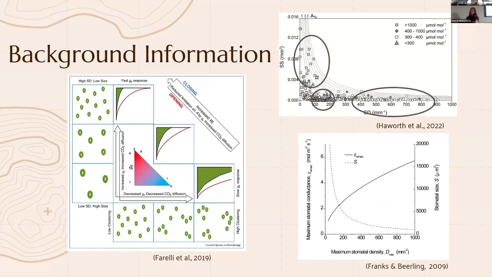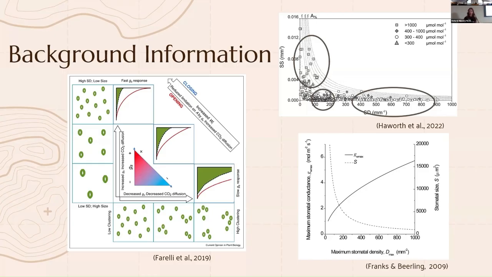Down below that is Franks and Beerling, 2009, where I'm getting my stomatal conductance calculations from. Rather than that negative inverse trend of just stomatal density and CO2, we're seeing more of a positive trend with density and conductance. And this figure from Fournier on the right helps visualize diffusivity time when we're looking at the size-density relationship.